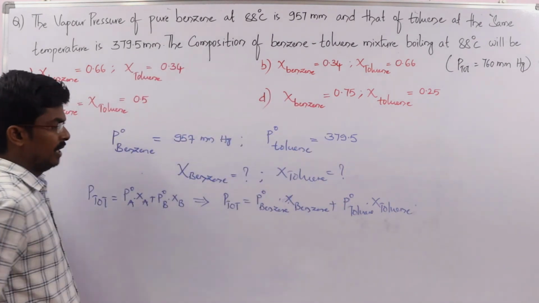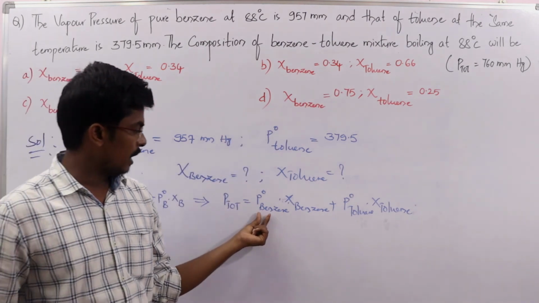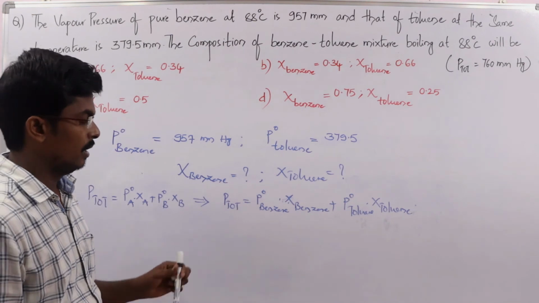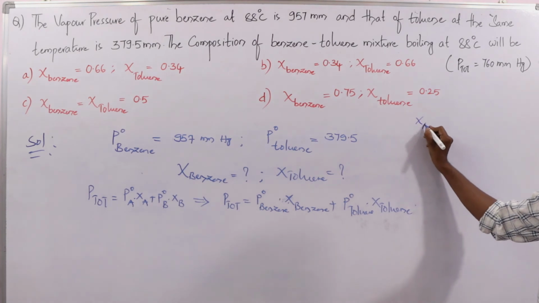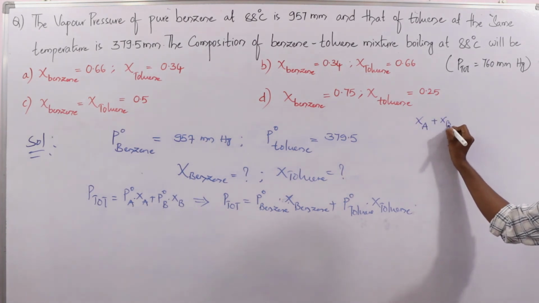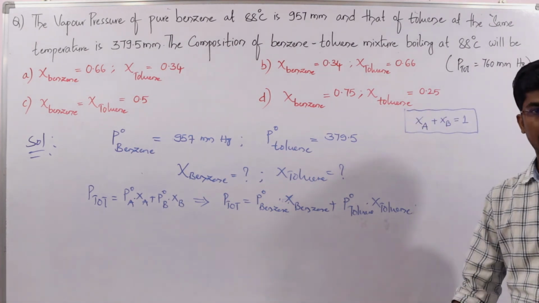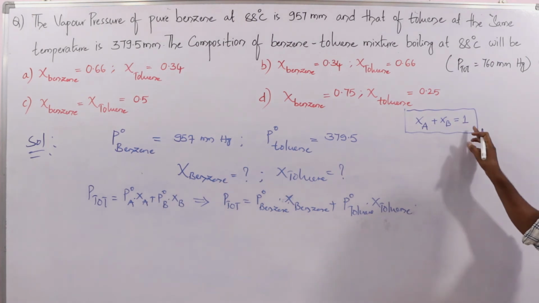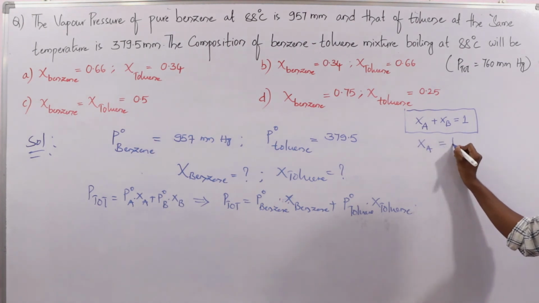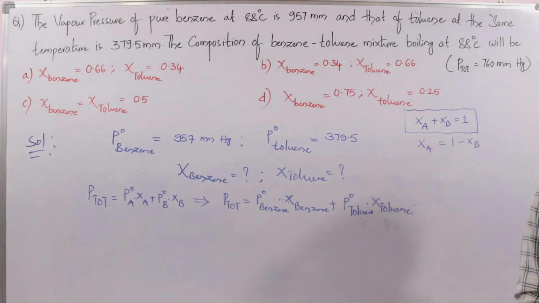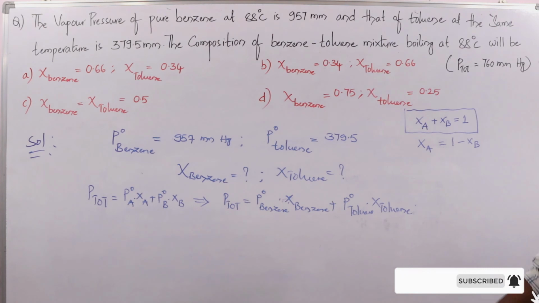From the question we have P total 760 mmHg, and P naught benzene and P naught toluene are given. The sum of mole fractions always equals 1. For a solution with two liquids, the sum of the mole fractions must equal 1. So XA is equal to 1 minus XB, and in place of X toluene I write 1 minus X benzene.